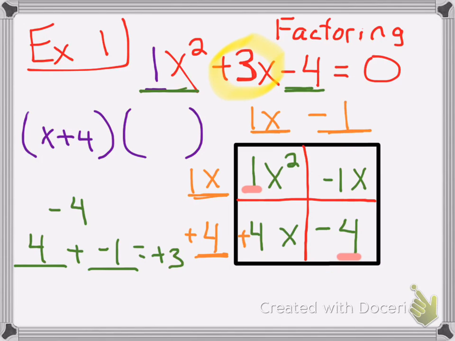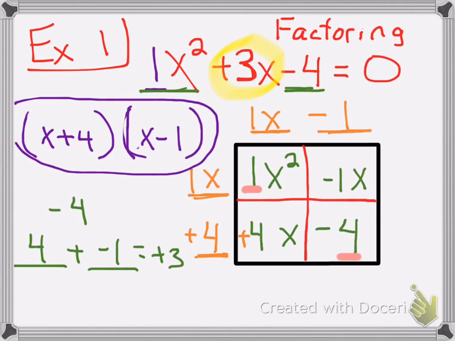So I'm just going to put 1 there. That's all I got. So I'm going to write 1x minus 1, which we don't need the 1 in front. So this is our factored form.